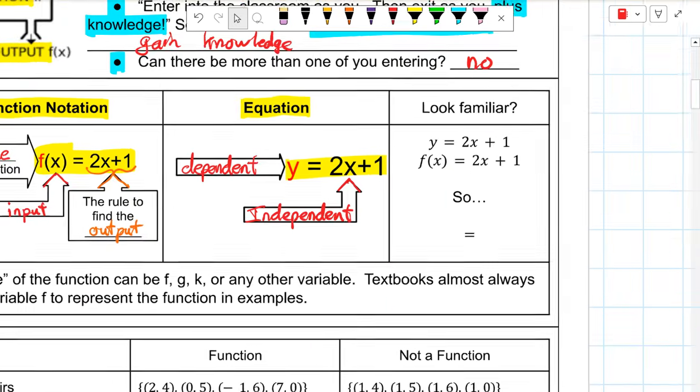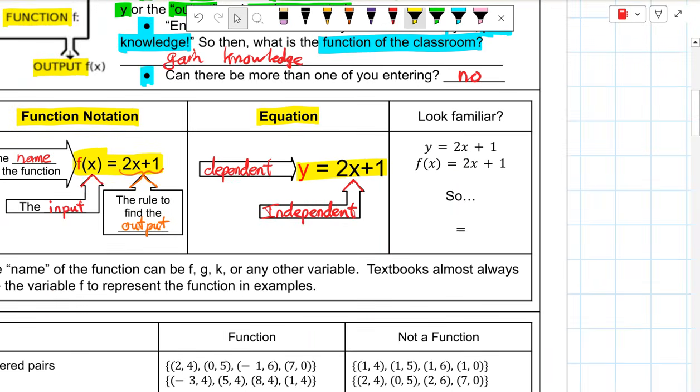And finally, the last box in this section is, do they look familiar? Here's the one we just looked at, y equals 2x plus 1. Here's the first one we looked at, f of x is equal to 2x plus 1. And if you look at these two closely, this one and this one are identical.